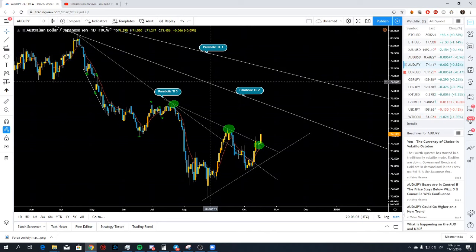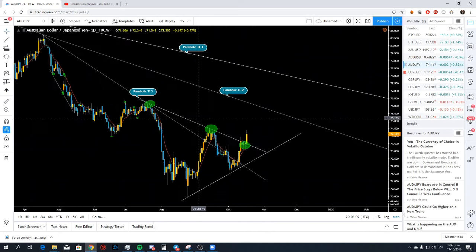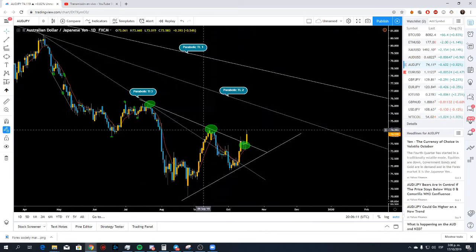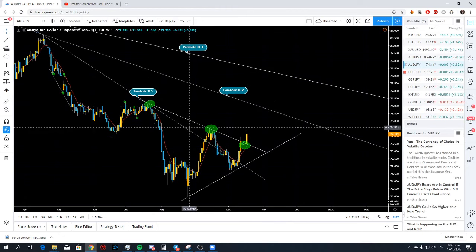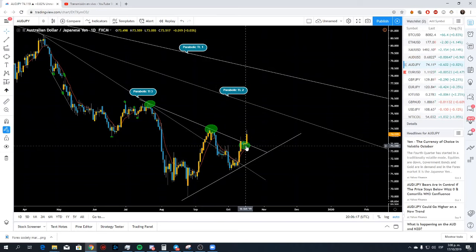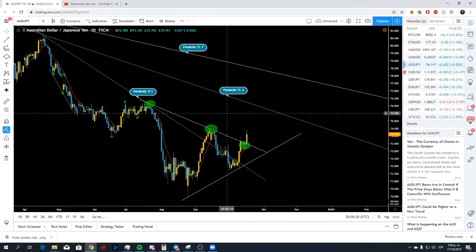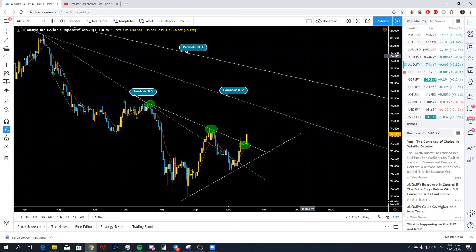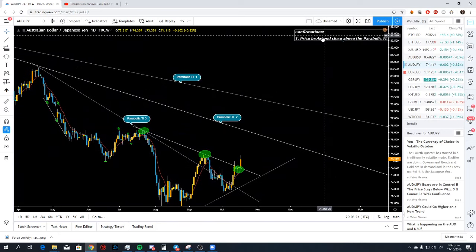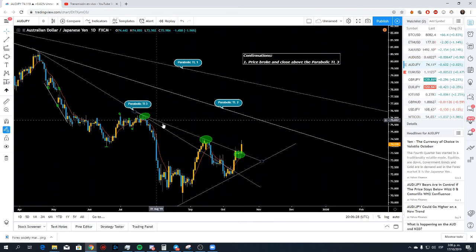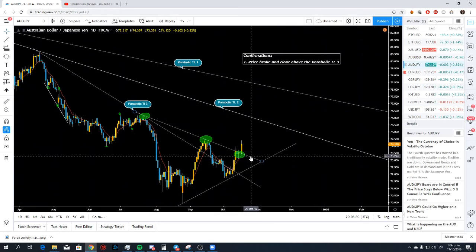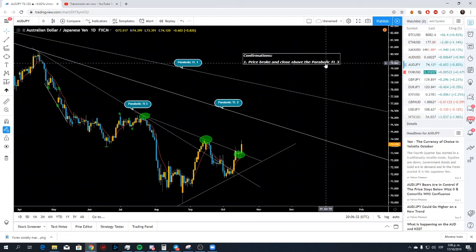Right here we got this beautiful daily trend line. First touch, second touch, third touch. So this would be another confirmation. It broke this daily trend line after a third touch.